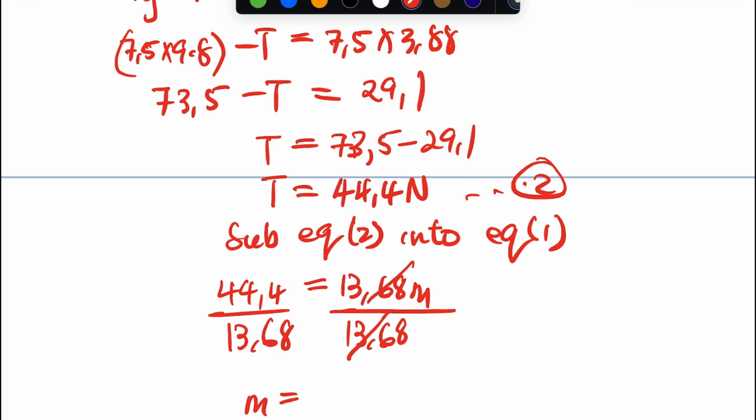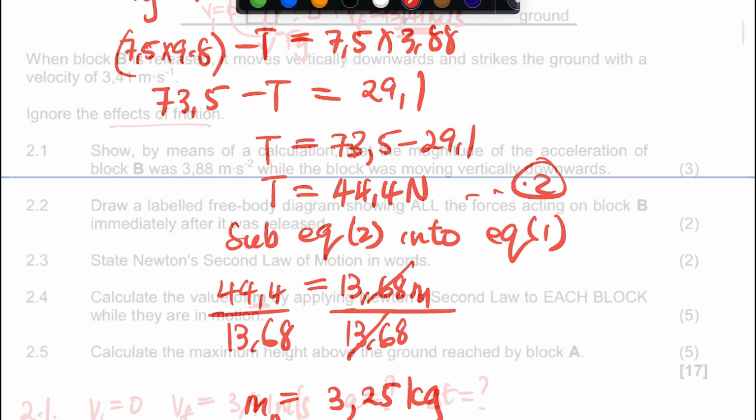So our mass will be 44.4 divided by 13.68. Our mass here will be 3.25 kg. That's the mass of block A. Right.